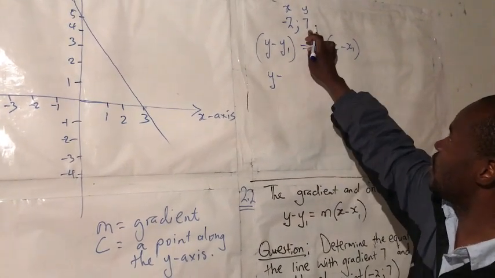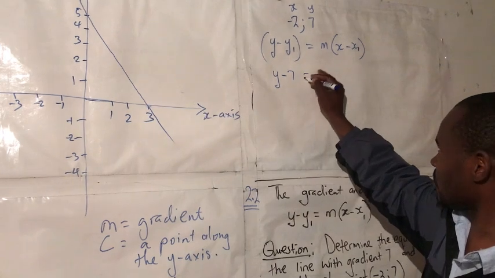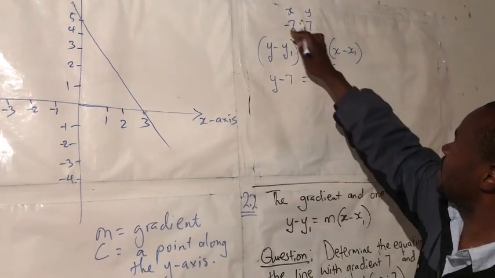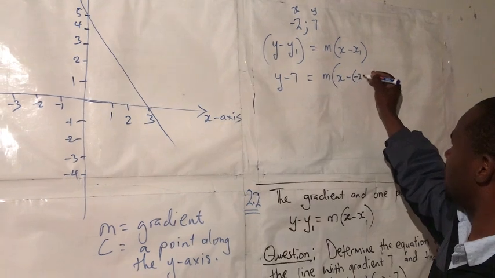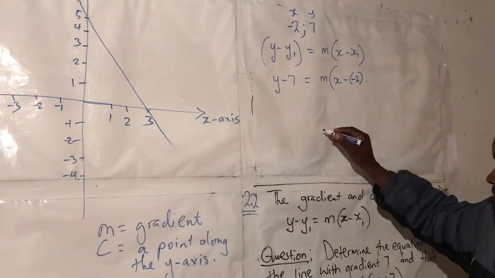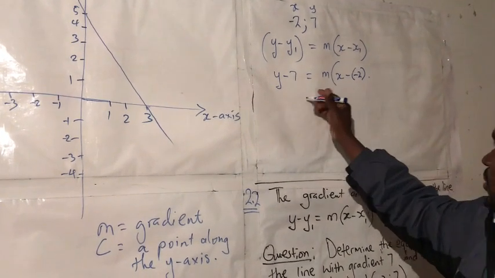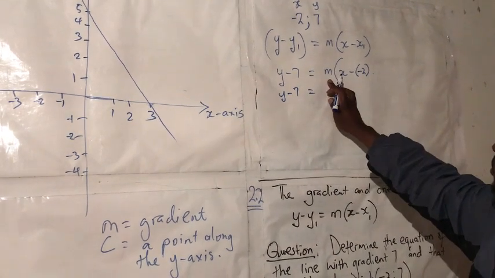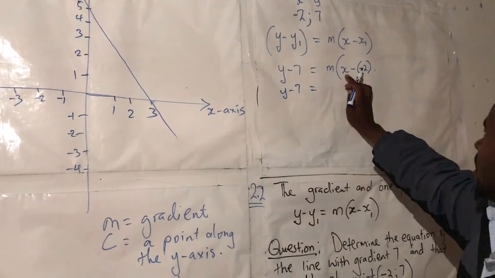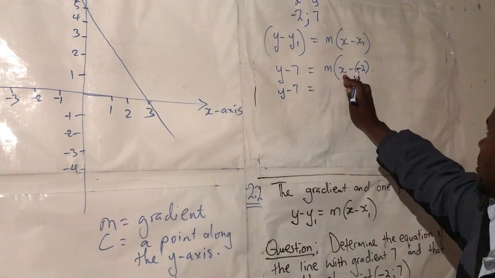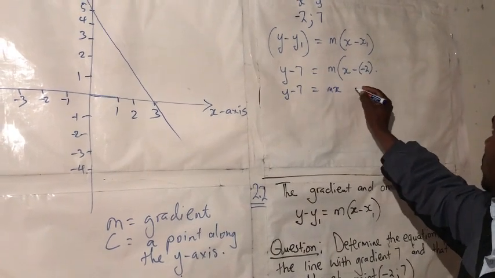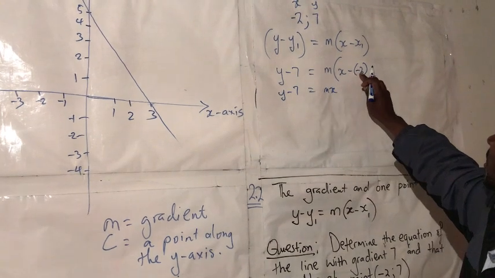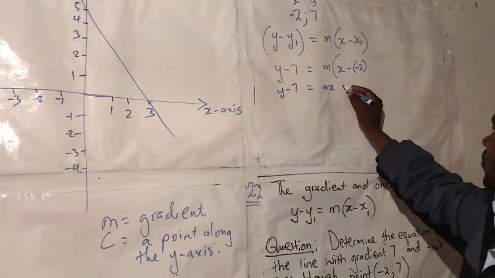Y minus y1, which is 7, equals m open x minus, our x1 is -2, so we say minus -2 here. Right. We have to remove the brackets. Y minus 7 equals m times x, we get mx, minus times minus, you get a positive.